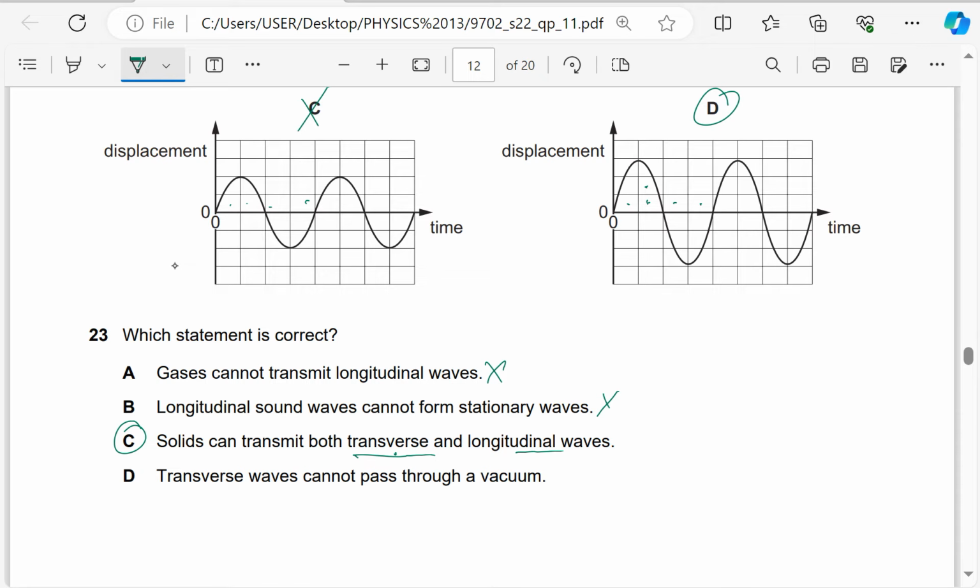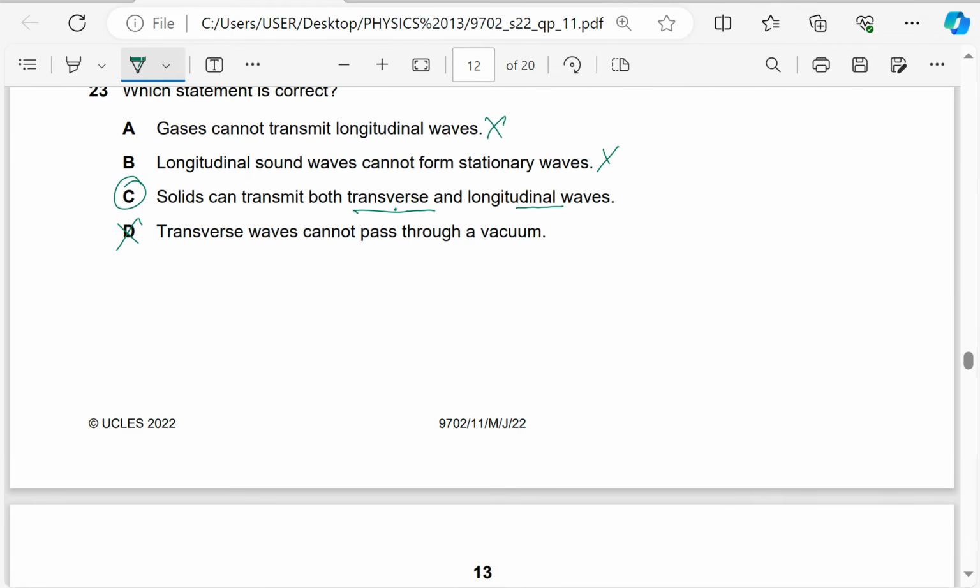We have also seen light going through glass, which is solid, and so on and so forth. So that statement is correct. Transverse waves cannot pass through a vacuum. Of course, we know electromagnetic waves can go through a vacuum, so this statement is not correct. So the answer is C.